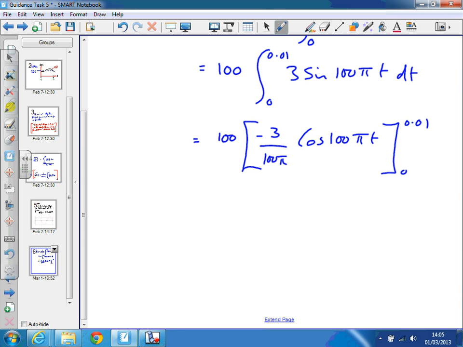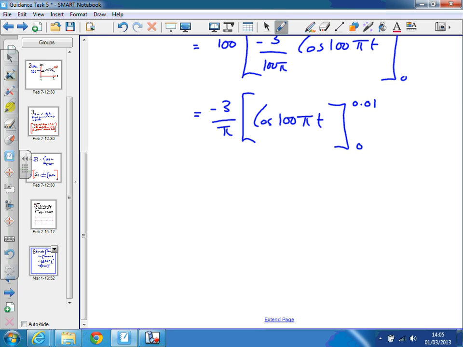The minus 3 over 100 pi can come outside the bracket because that's a constant. The hundreds cancel, so we're left with minus 3 over pi times the cosine of 100 pi t between 0 and 0.01.